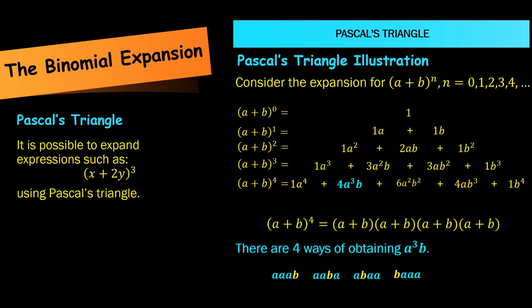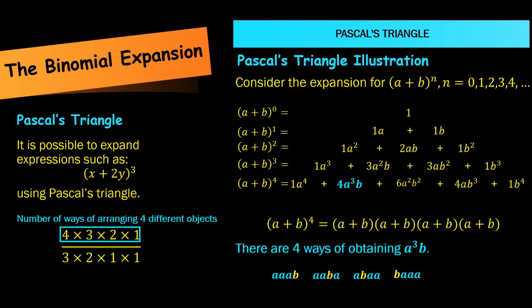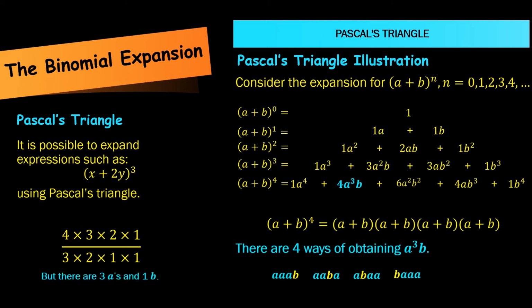How else could we have obtained this? Let's have a look at the expression on the left-hand side of the screen. Notice that there are 4 times 3 times 2 times 1 ways of arranging 4 different objects. However, in our expression, we have that there are 3 a's and 1 b.